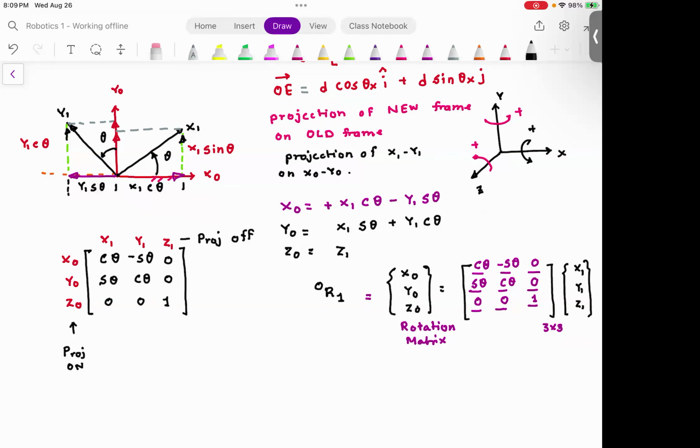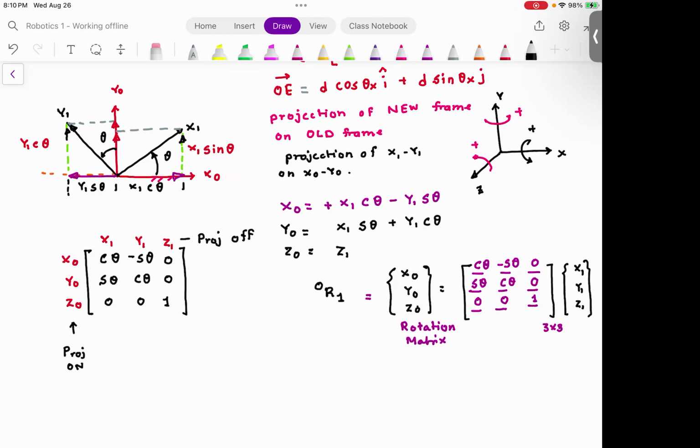And then I wrote this algebraic expression. X naught is x1 cosine theta minus y1 sine theta. Y naught is x1 sine theta plus y1 cosine theta. And z naught is equal to z1. So this relates the old coordinate frame with the new coordinate frame.